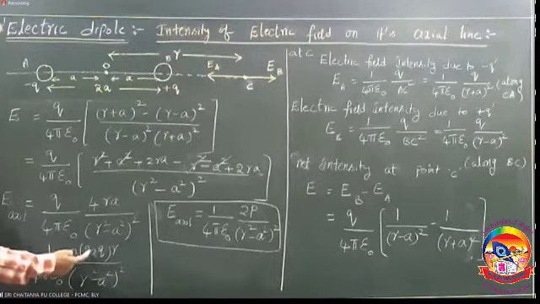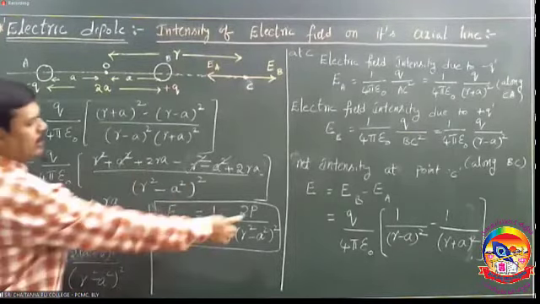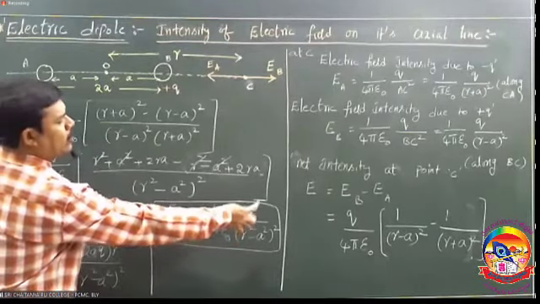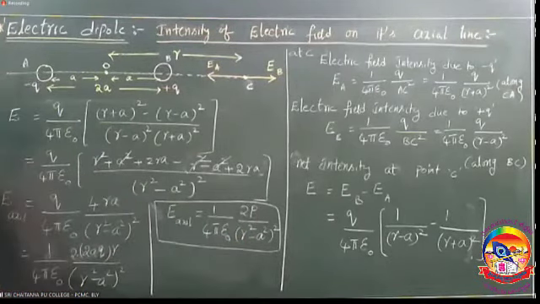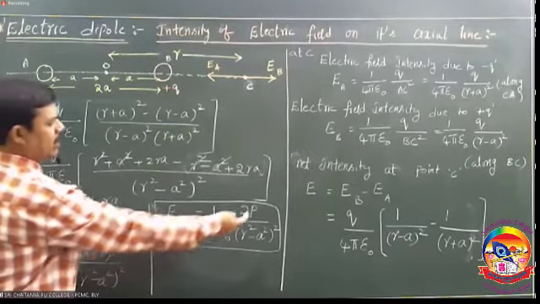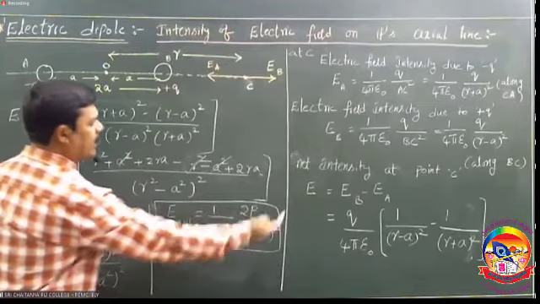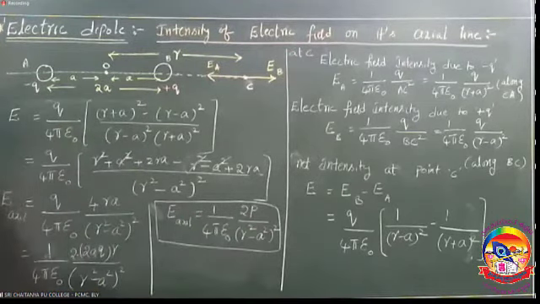We know 2aq is equal to what? 2aq is equal to dipole moment. So, in place of 2aq, I took the electric dipole moment P. So, 1 by 4 pi epsilon naught, 2p by r square minus a square whole square. Clear?